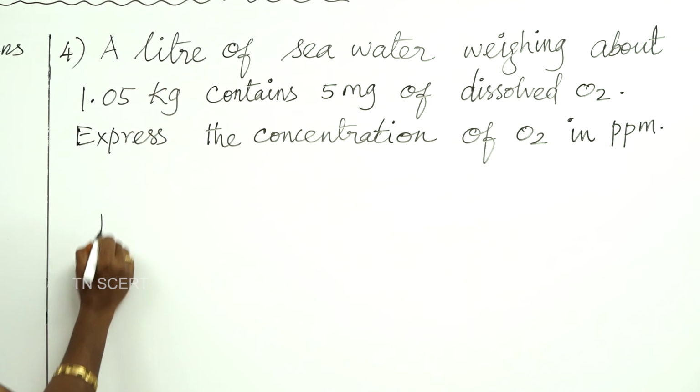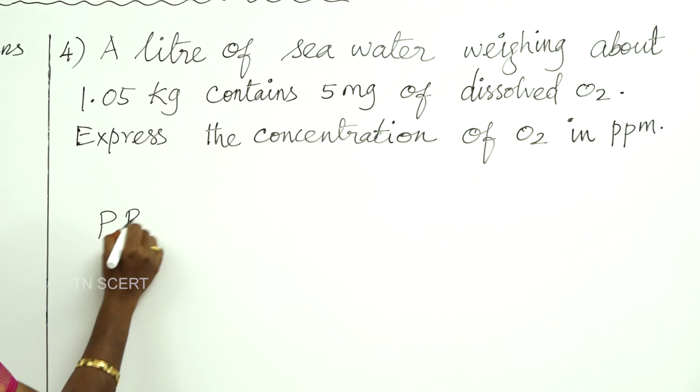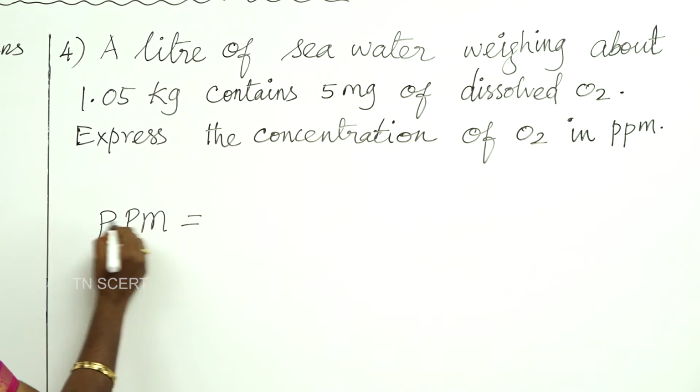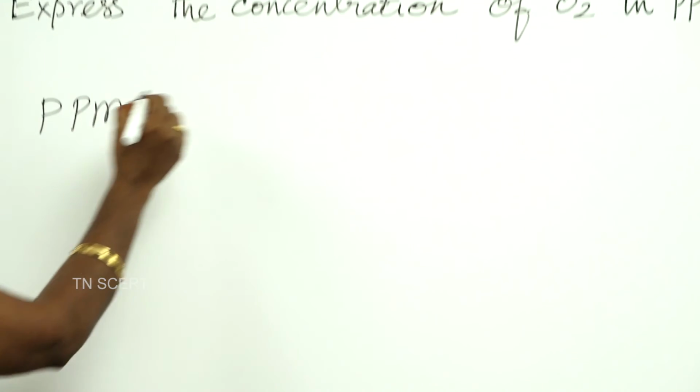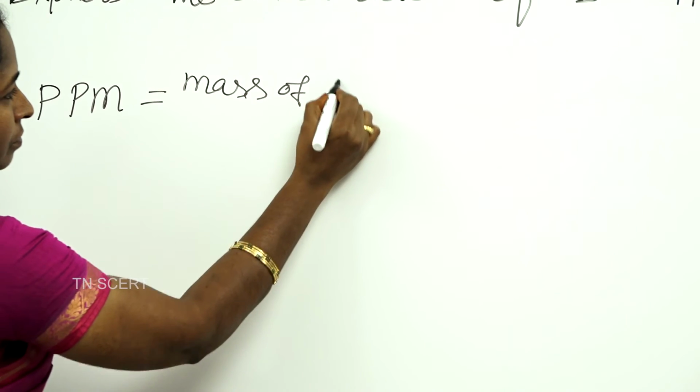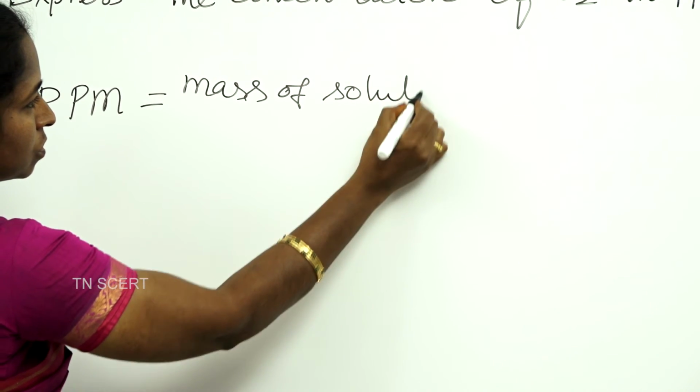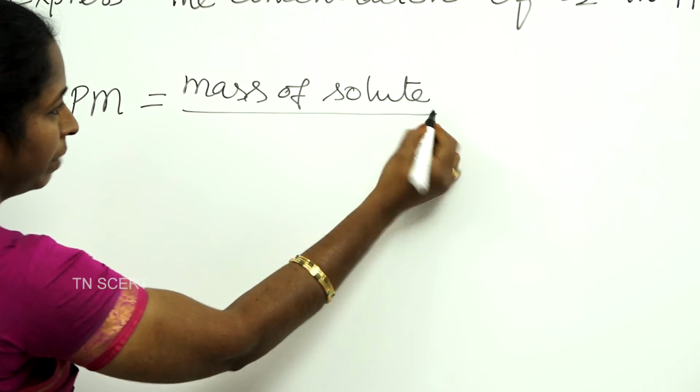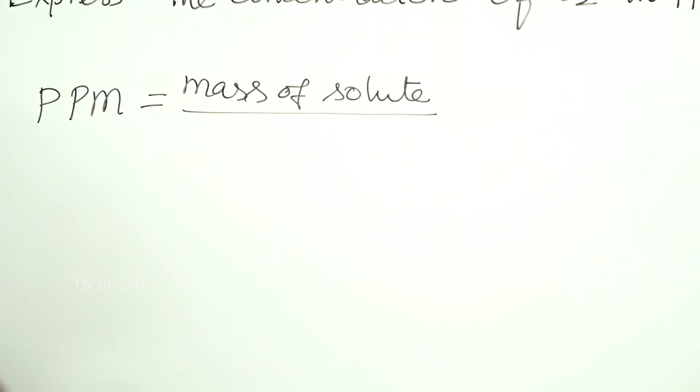So, the formula for calculation of ppm, parts per million, is equal to mass of solute divided by mass of solvent.